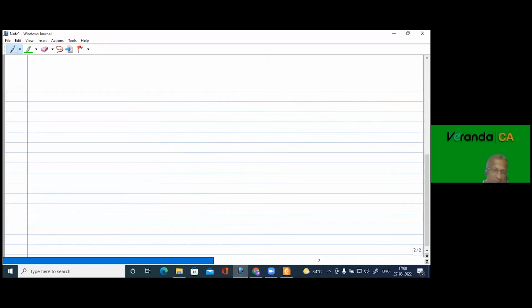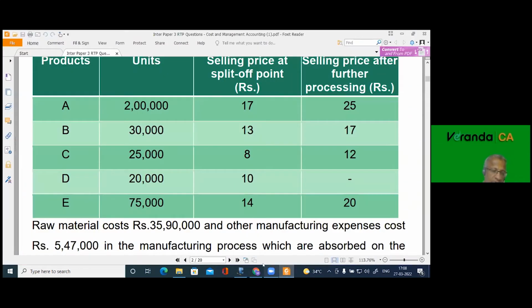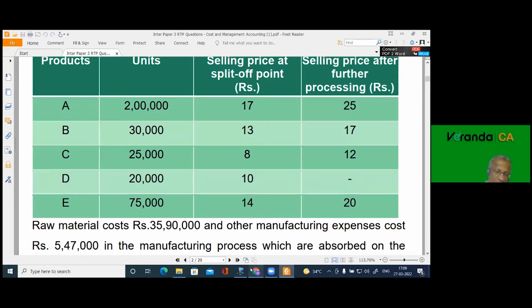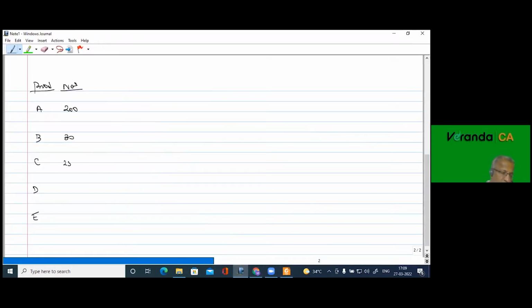We will take up products A, C, D, and E. In numbers, we have 200, 25, 20, and 75, in thousands.